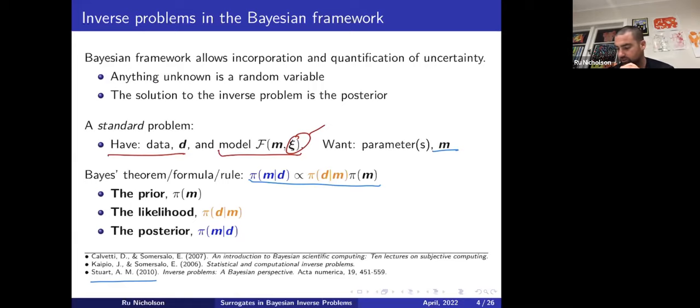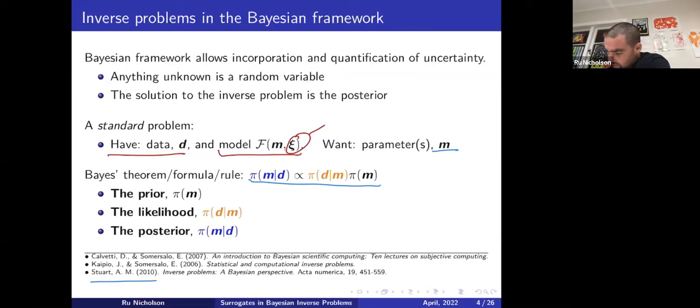Throughout my slides, a lot of the main references are given at the bottom of the slide. There are, of course, many more references, and I apologize to anyone watching that I don't reference your work when I should. There is a lot of good stuff out there on Bayesian inverse problems. The 2 books and the paper at the bottom are very good ones.